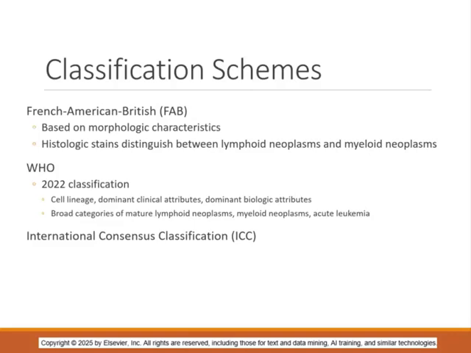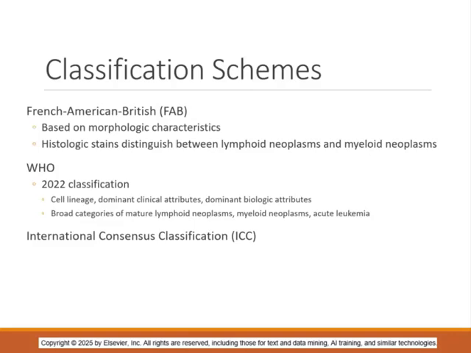The WHO, the World Health Organization, is constantly updating its classifications. The most recent right now is 2022. This is based on using immunophenotyping, flow cytometry, cytogenetics, and molecular testing, in addition to all the morphology.